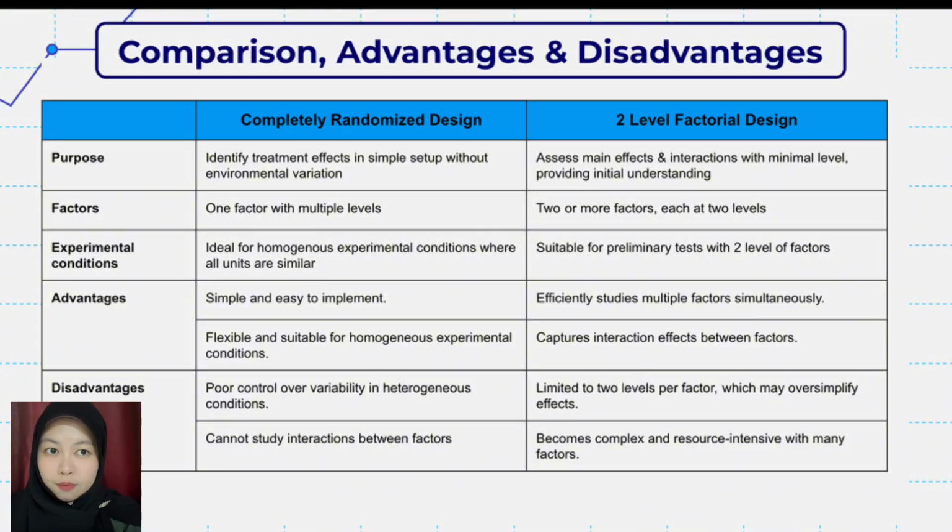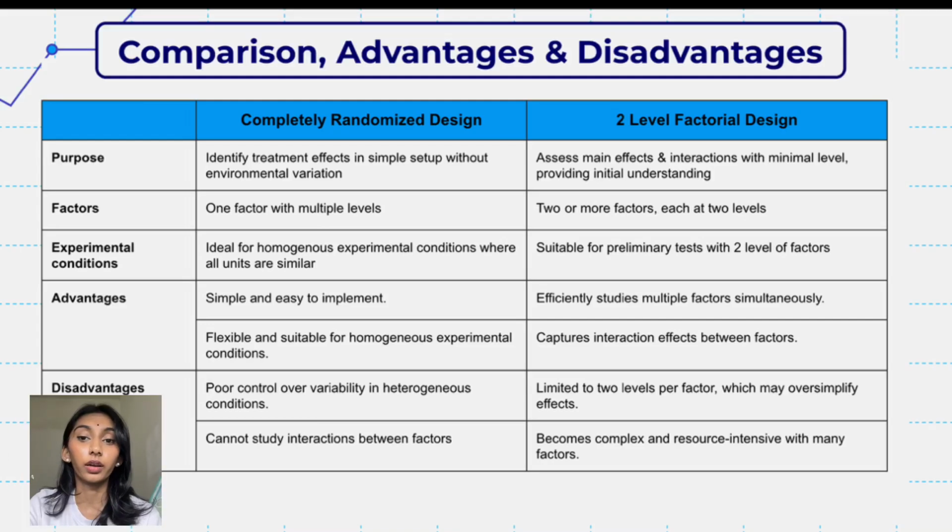testing between multiple factors. Now I will be explaining the advantages and disadvantages of completely randomized design (CRD) and two-level factorial design. CRD's advantages are its simplicity and ease of implementation, making it a popular choice for experiments with homogeneous conditions. Its flexibility allows it to adapt to various types of experiments without requiring complex grouping or blocking.